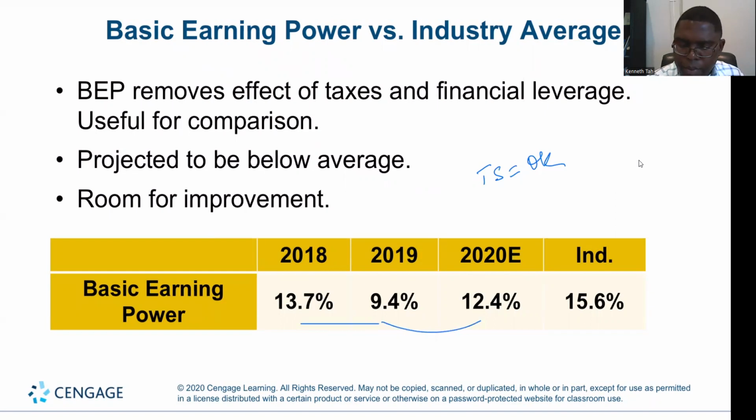But in comparison with the industry, which is what we call cross-sectional analysis, we see that the company in the year 2020 is performing below industrial average. So we will say the company is performing in a poor fashion as far as their basic earning power is concerned.